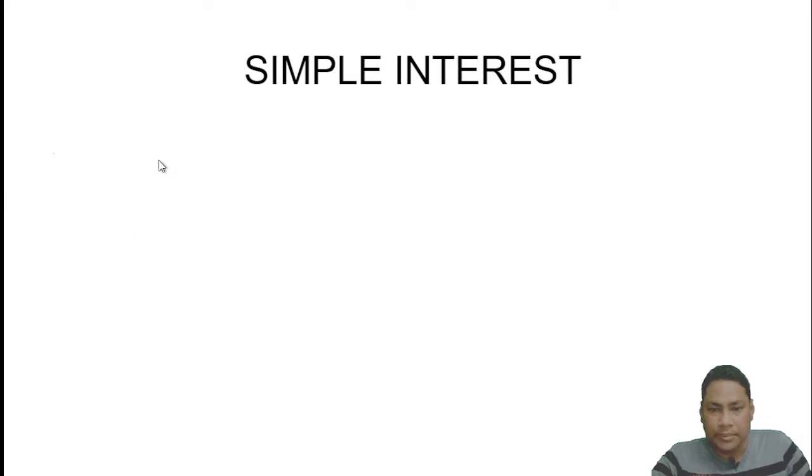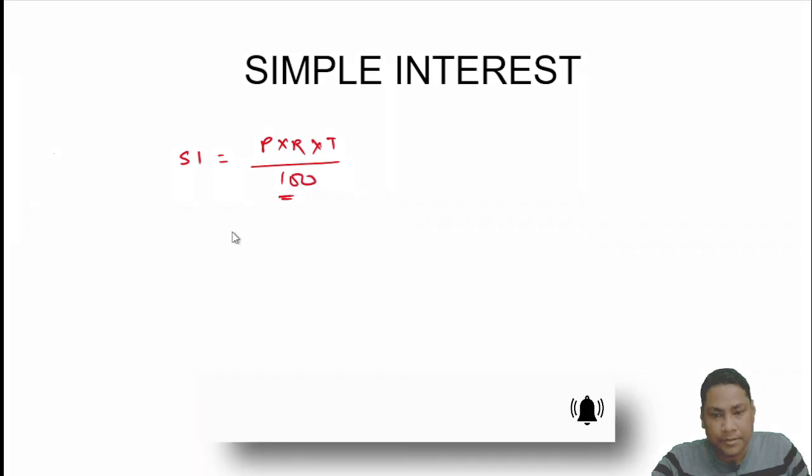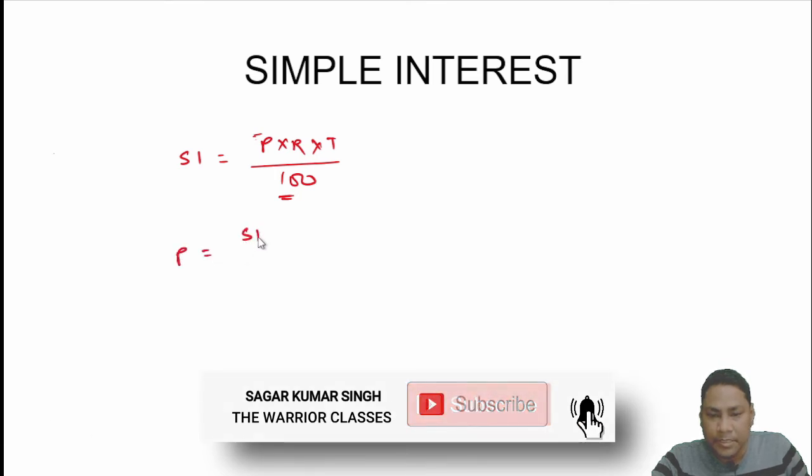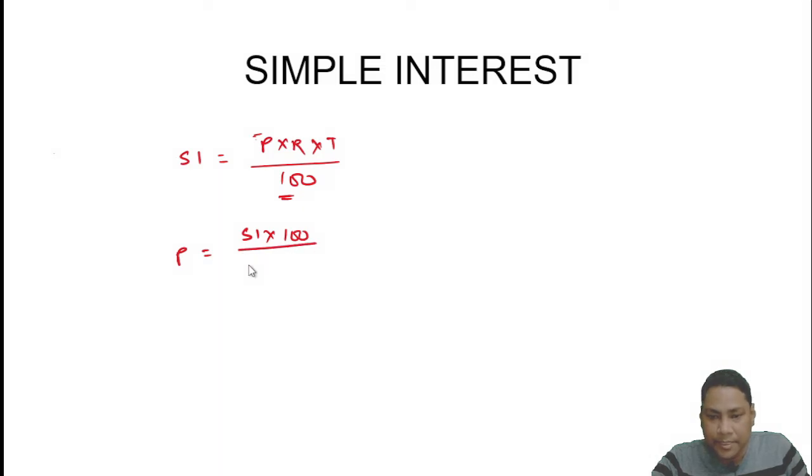Now we will discuss the formulas of simple interest. The formula of simple interest is principal into rate of interest into time divided by 100. From here we can calculate the principal also. Then the principal will become simple interest into 100 divided by rate of interest multiplied by time.